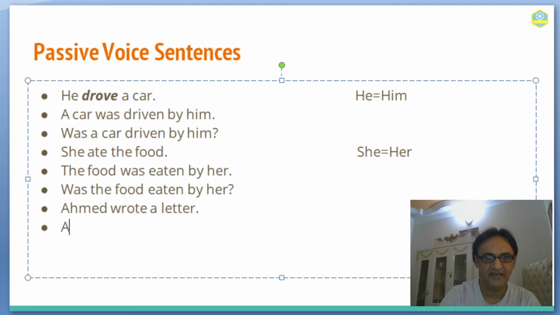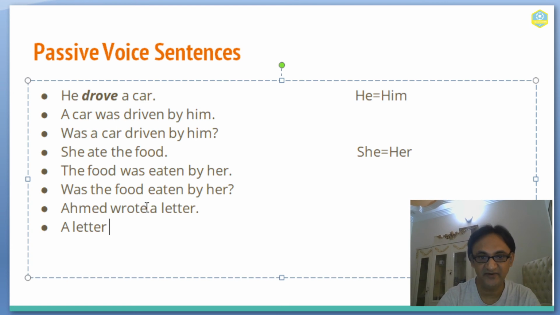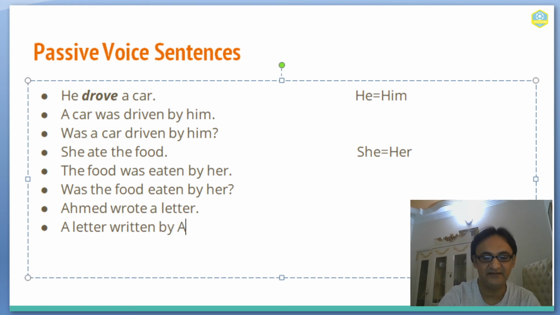Again, a letter. Now, wrote will be changed into third form: written. A letter written by Ahmad. Right? A letter, sorry, helping verb, was written by Ahmad.